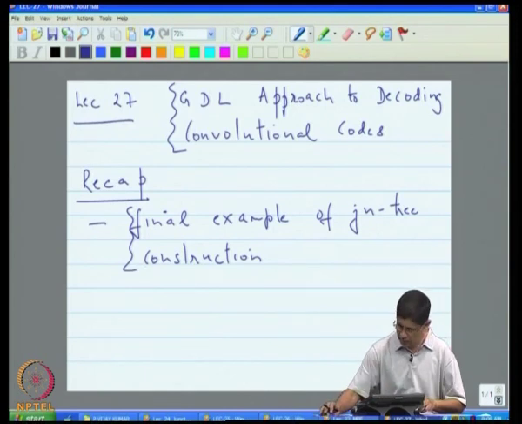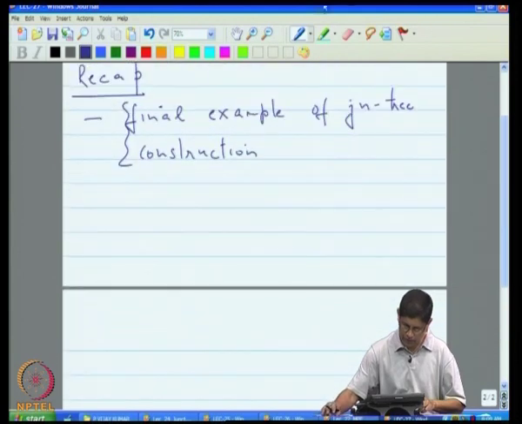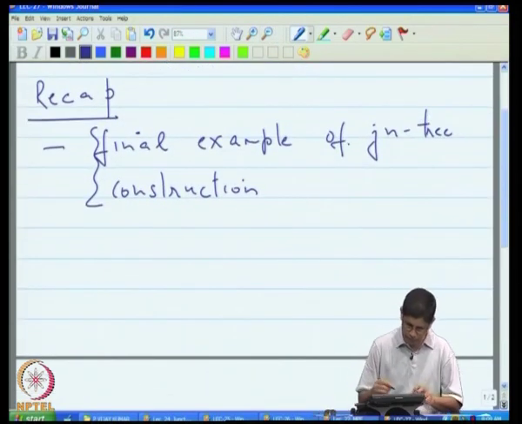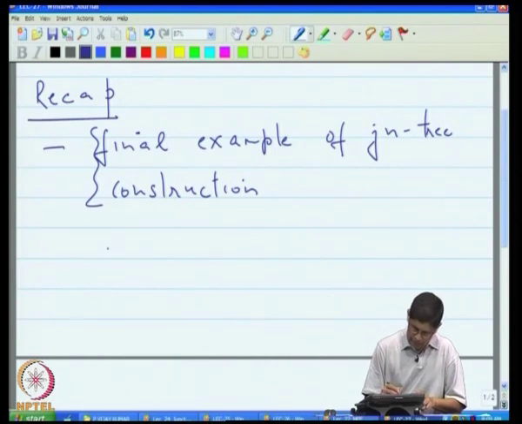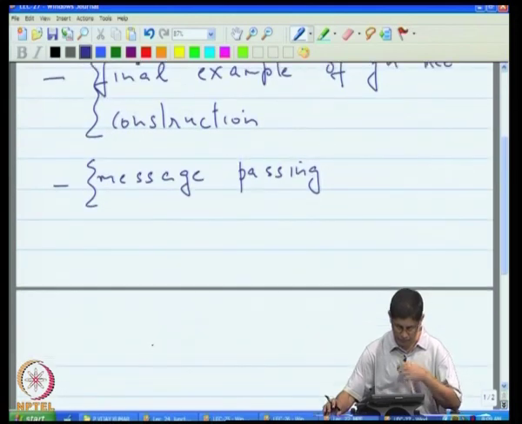Then I moved on to the topic of message passing, because that is our next step in solving the MPF problem.